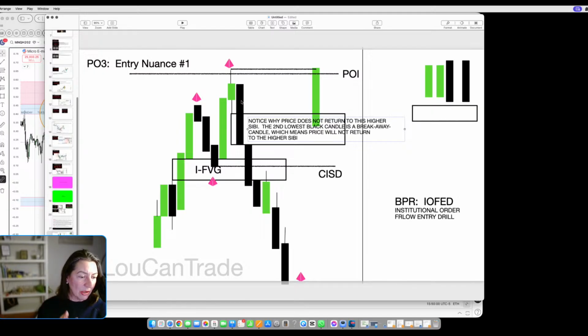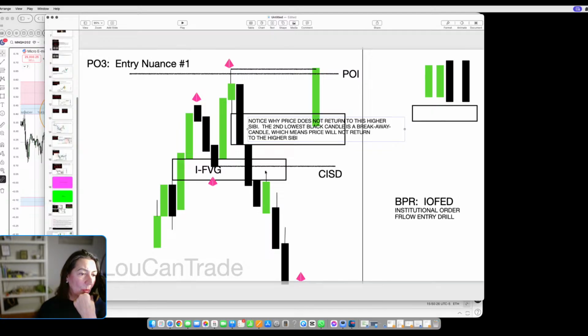Price has somewhere to get to, and it's going really fast. So we can feel, not 100% because nothing's 100%, but we can feel pretty good about entering the trade here and not be worried about price coming back into this fair value gap because it's a breakaway gap. Now, price will come back to this area at some point, but it's just not going to come back from here.